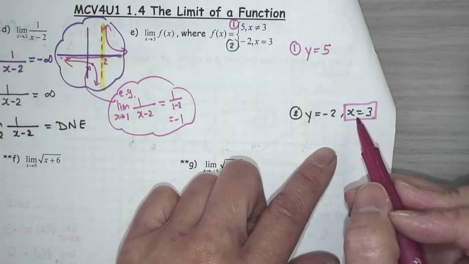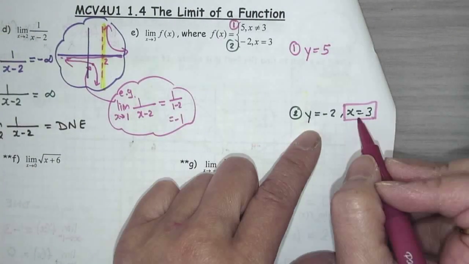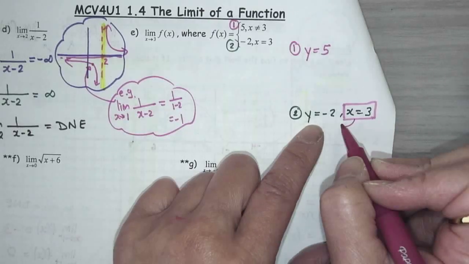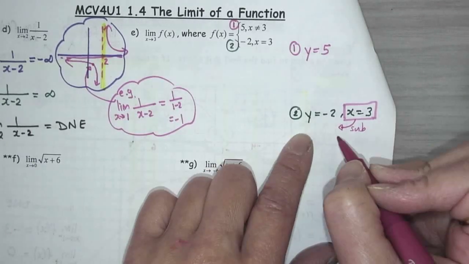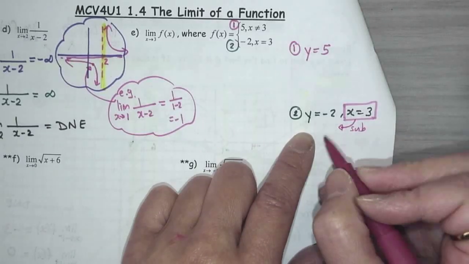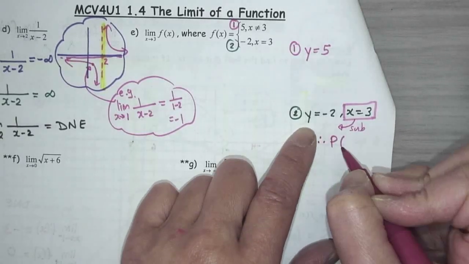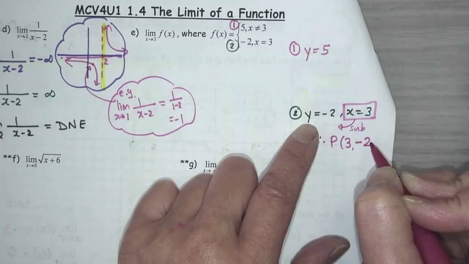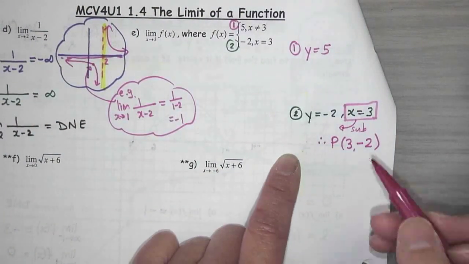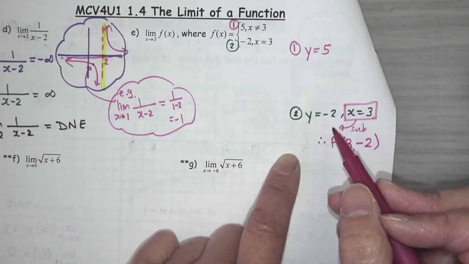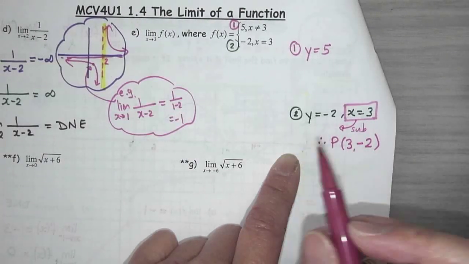When you try to sub that in, I can't sub it because there's nowhere to sub it, but my value is still going to be -2. So my point is going to be (3, -2). Does that make sense? When I give you a single value, you're giving me a single value back. Here, there's nowhere to sub it, so y is -2 no matter what.